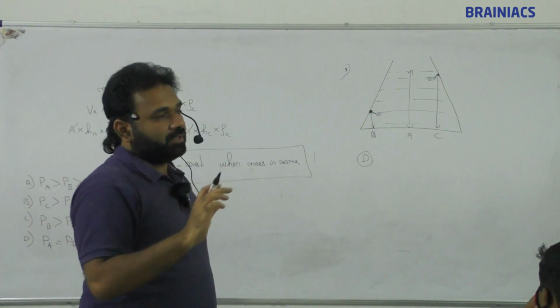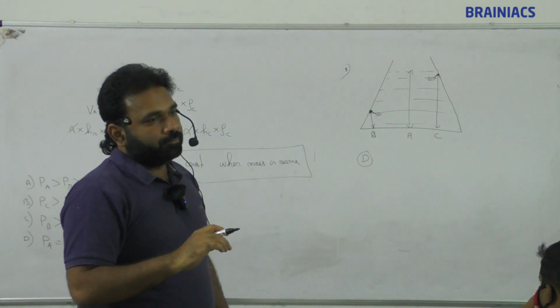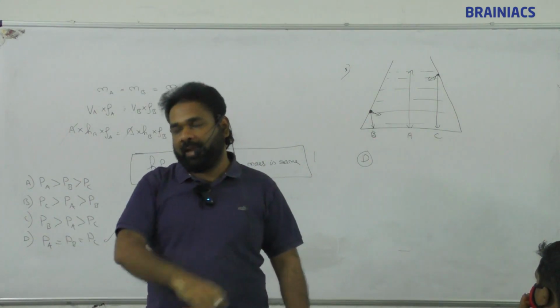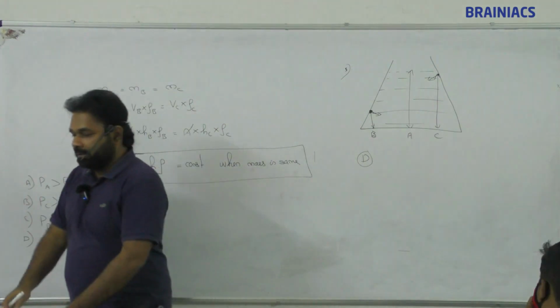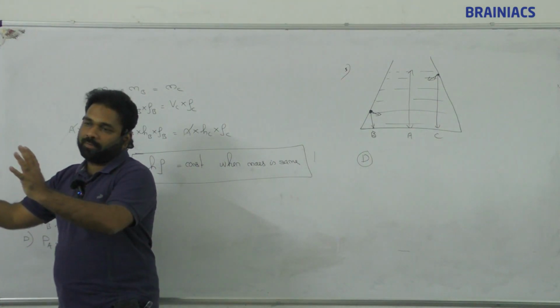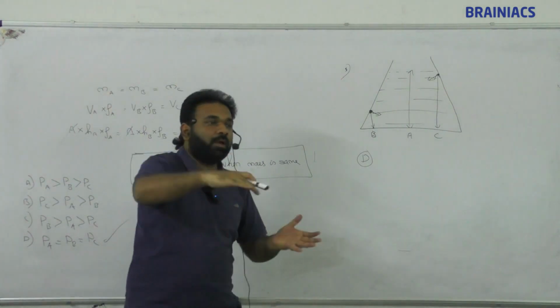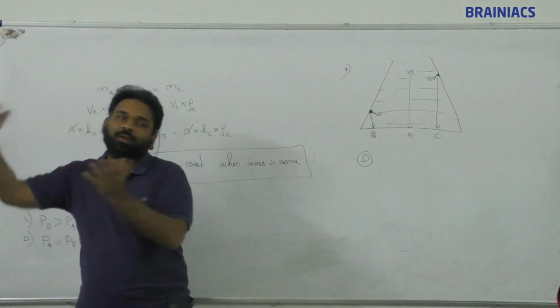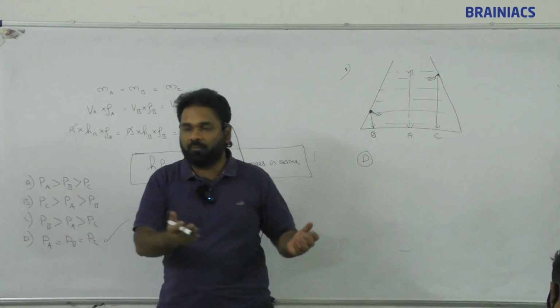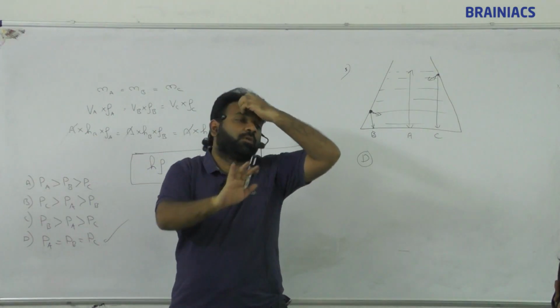If there is pressure difference, what will happen? The flow of the fluid will happen. If the pressure here is more, what will happen? Not the pressure, the fluid will flow, and it will maintain the pressure equal.